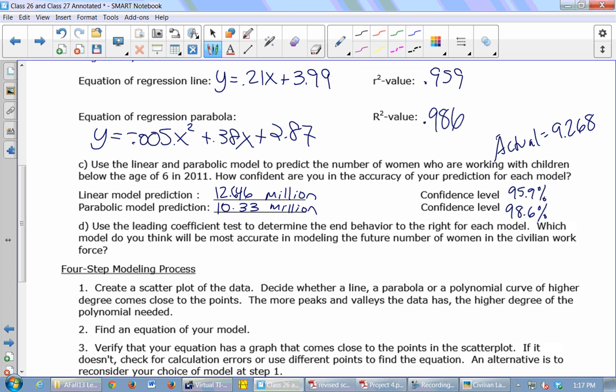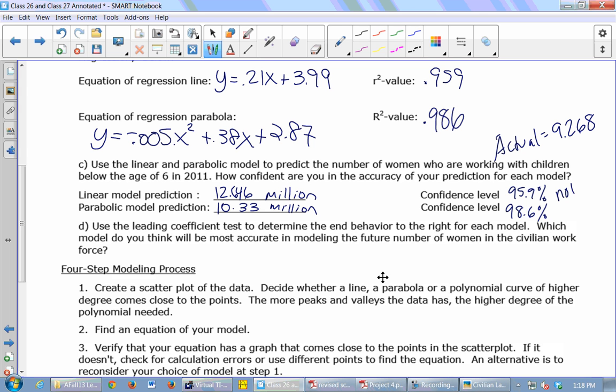So using these percentages, I mean, 98.6% confidence is really high, but using a model to predict outside of the data set, like far into the future, is never a very good idea.